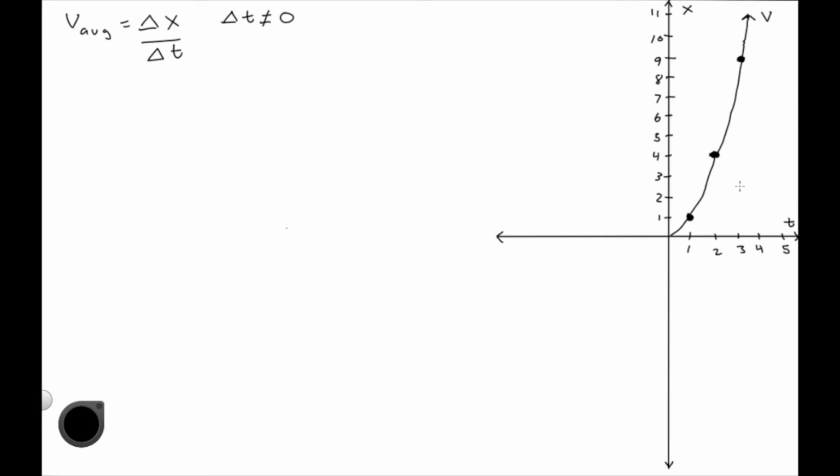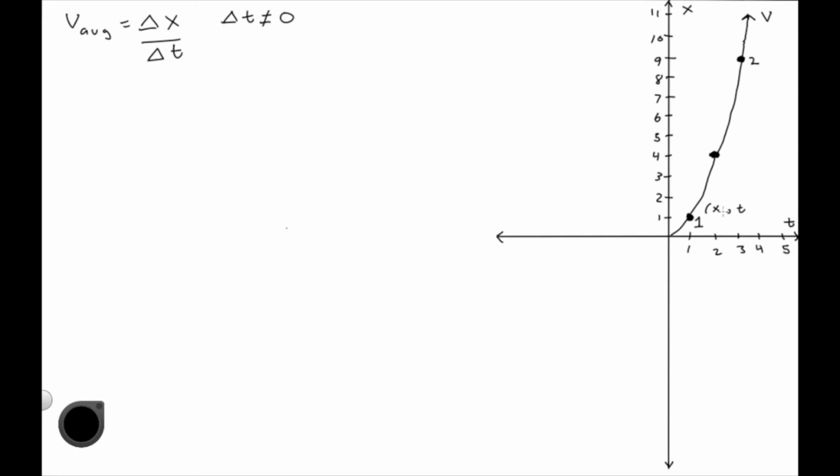So let's take 2 points on this curve, which we'll call v. Let's take point 1, and then let's take this point up here. Let's call this point 2. So now each point has a coordinate pair that tells us both its position and its time, so both x and t. For point number 1, it's going to have an x coordinate and a t coordinate.